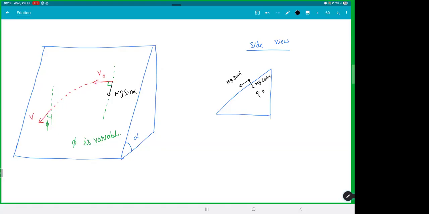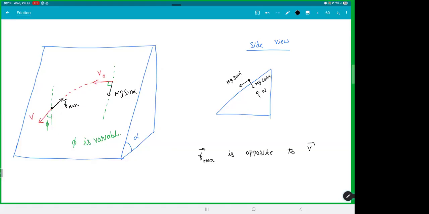So mg cos alpha is useless. And how is the frictional force? Remember, frictional force will always be opposite to the velocity. So for this particle, F bar will be in this direction. And that will be maximum because you're sliding. The friction is opposite to V bar. I hope the picture is clear.